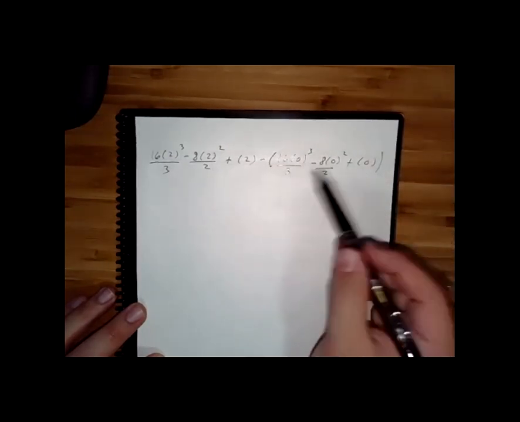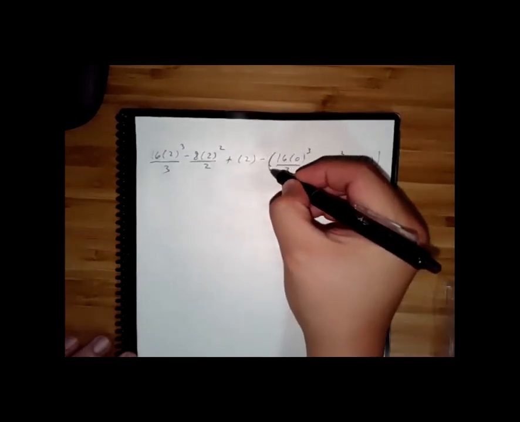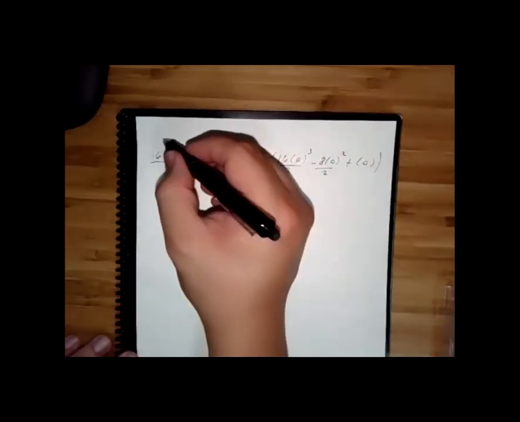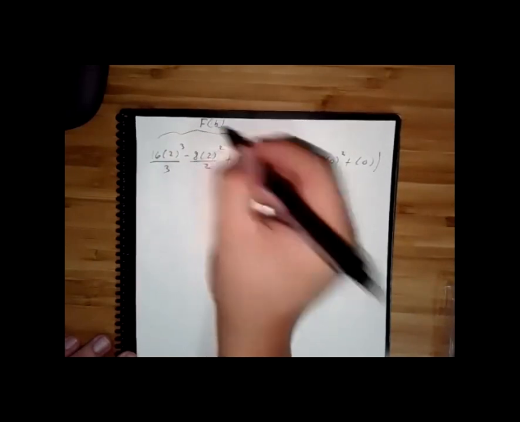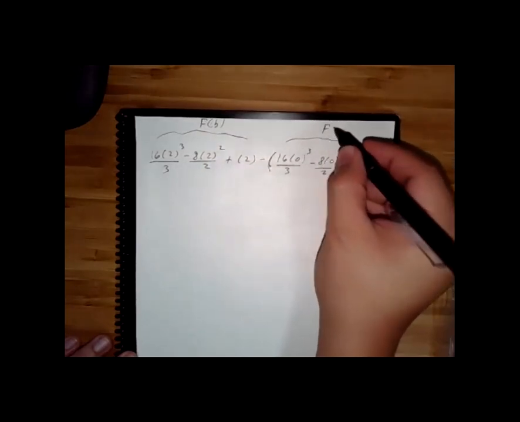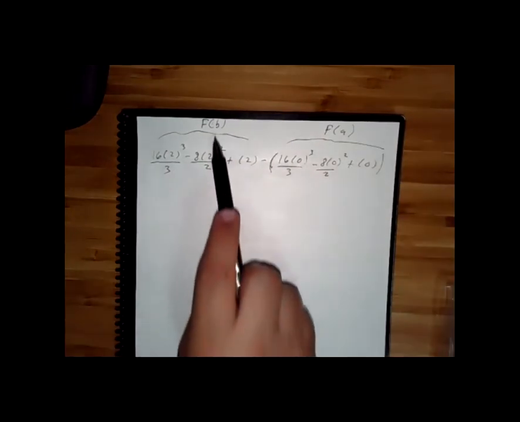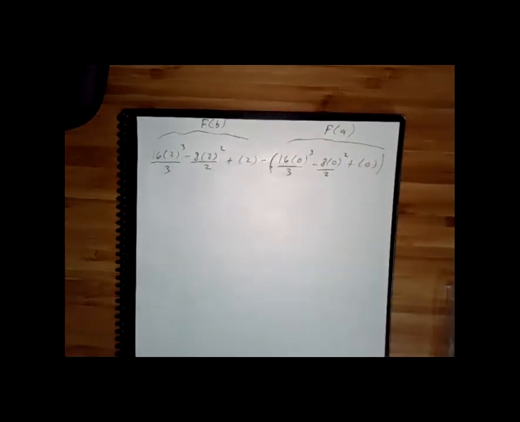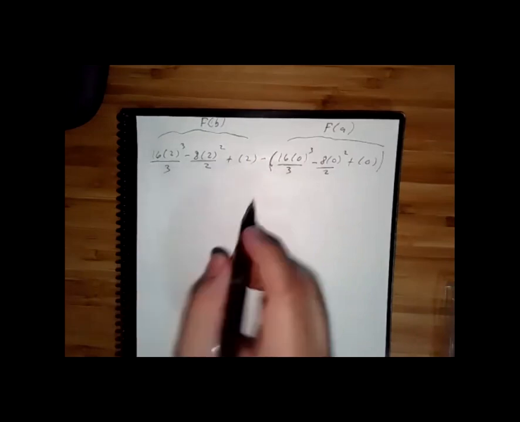So this whole thing is 0. It doesn't matter, but I'm writing it just so you see how the rule works. All of this right here is capital F of B from the fundamental theorem, and all of this is capital F of A. You're subtracting B and A. Anyway, this is 0, so we'll just work with this part.